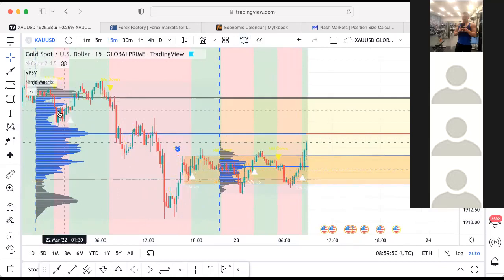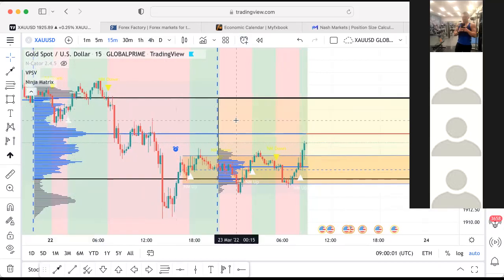Okay, so there's another area there where there was a lot of price activity. And I would suggest that if price does break above that red line, it's going to struggle to get past. Well, there are two there. There's one line there and one line there where there's sort of a peak of activity.